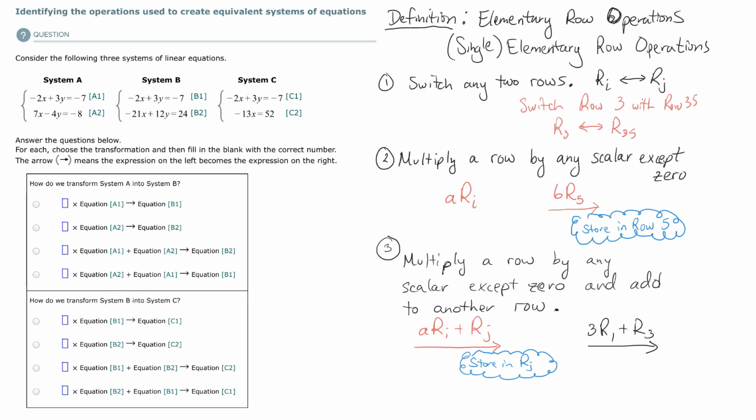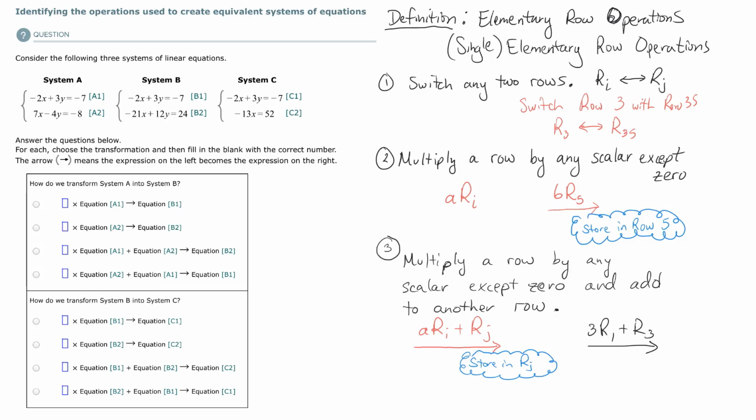The idea behind these elementary row operations is that we keep writing equivalent systems. We write one system after another, after another. So if you started with 2 equations and 2 unknowns, we continue to write 2 equations and 2 unknowns.